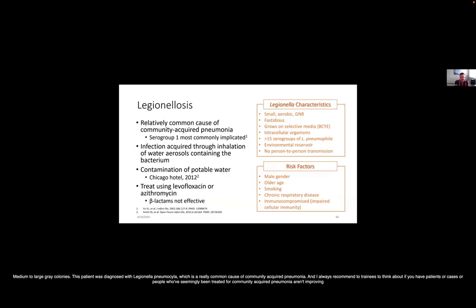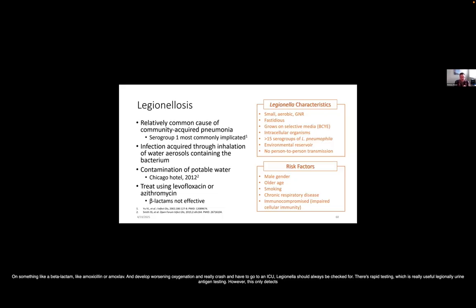And I always recommend to trainees to think about this: if you have patients who've seemingly been treated for community-acquired pneumonia and aren't improving on something like a beta-lactam, like amoxicillin or amoxiclav, and develop worsening oxygenation and really crash and have to go to an ICU, Legionella should always be checked for.